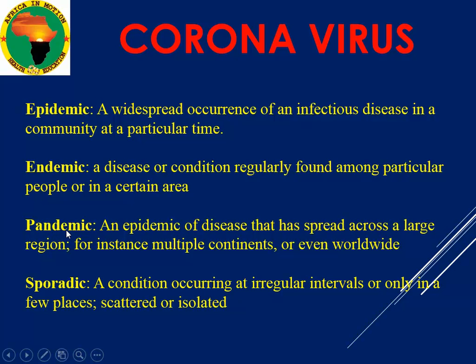This is a worldwide problem. If it was going to be like one case here, another case there, another case in China, another case in Australia, another one in Canada, without a close link, that was going to be called sporadic cases. But now we are dealing with a pandemic issue.